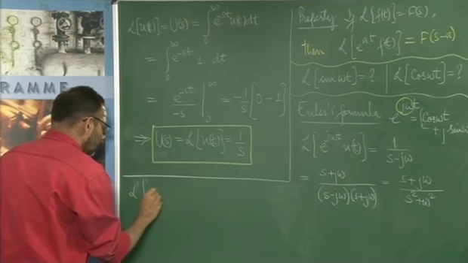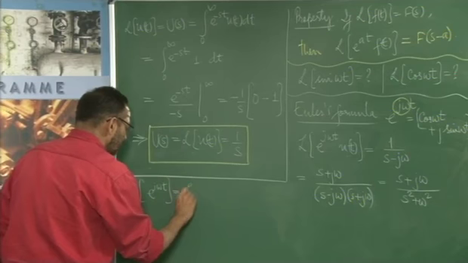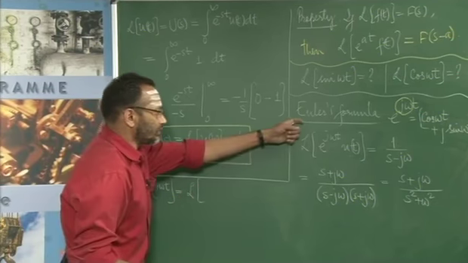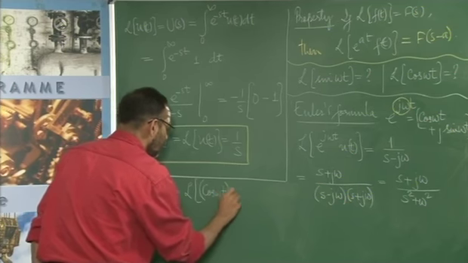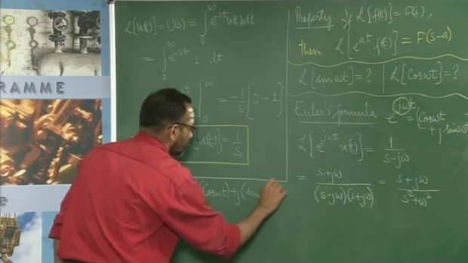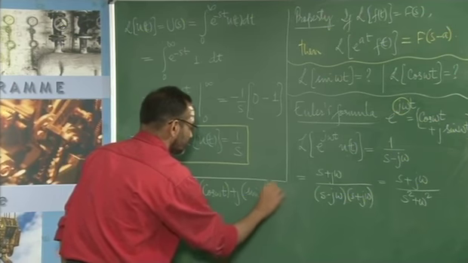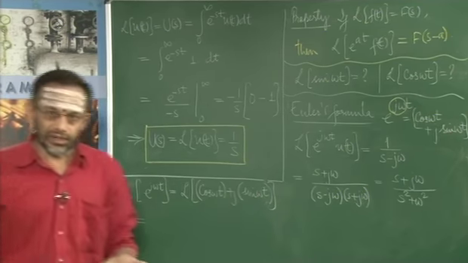So, it is the Laplace transform of e to the power of j omega t, which is the same as the Laplace transform of, we will use Euler's formula, cos omega t plus j times sin omega t. Now, we know that the Laplace transform is a linear transformation.